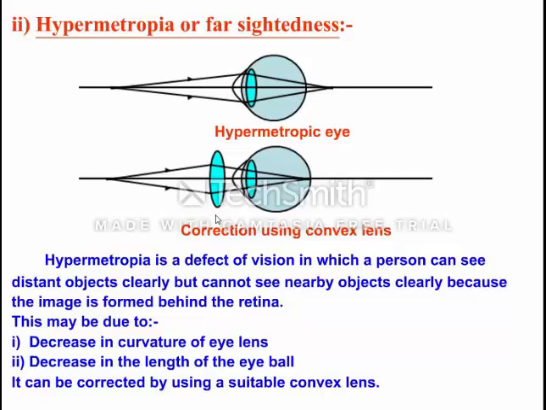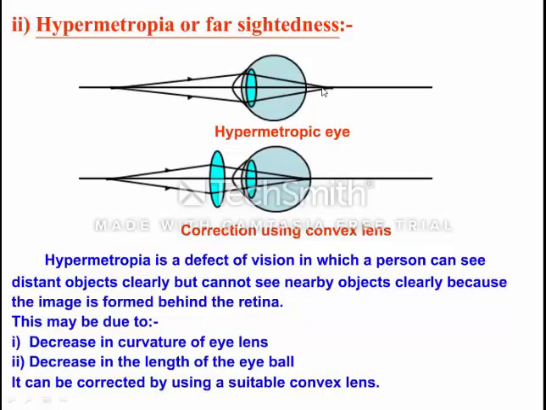Far objects are seen clearly, but nearby objects are not. For the far object the image is forming on the retina, but for the nearby object the image is forming behind the retina. In myopia the image was forming in front of the retina, but in hypermetropia the image is forming behind the retina.